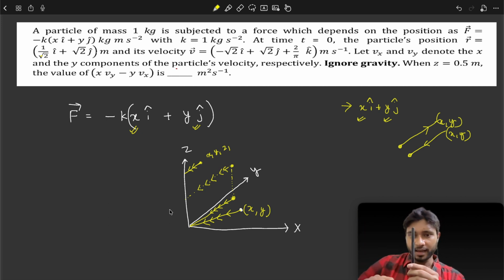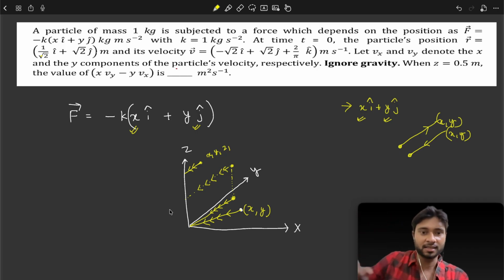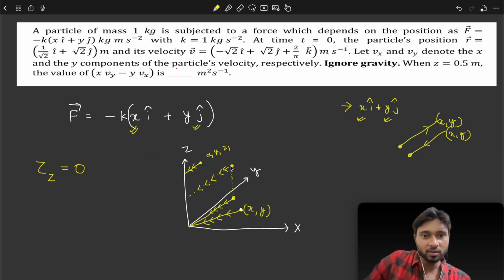So can we say, since force is always towards the z axis, the torque along the z axis will be 0, because force is always penetrating towards the z axis. It is crossing the z axis. I hope everyone is able to visualize this, that torque along the z axis is 0. Why? Because force is always crossing the z axis.